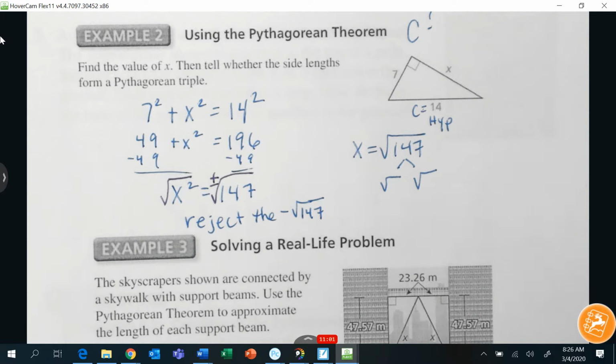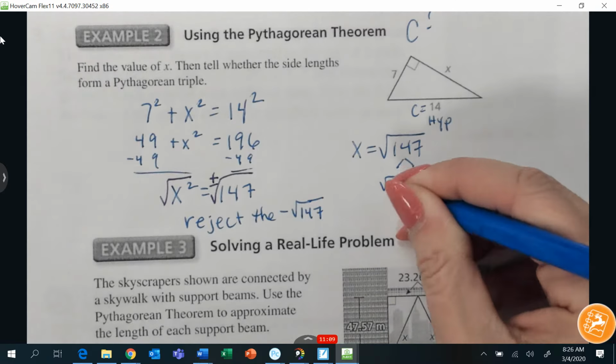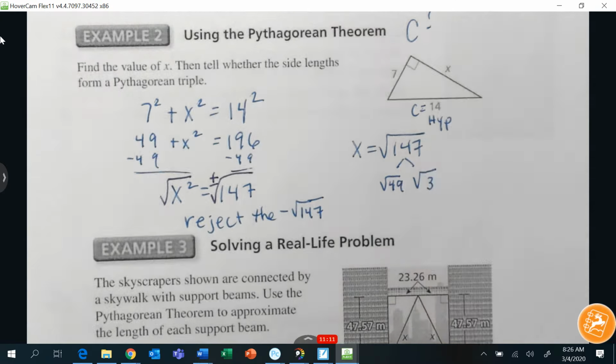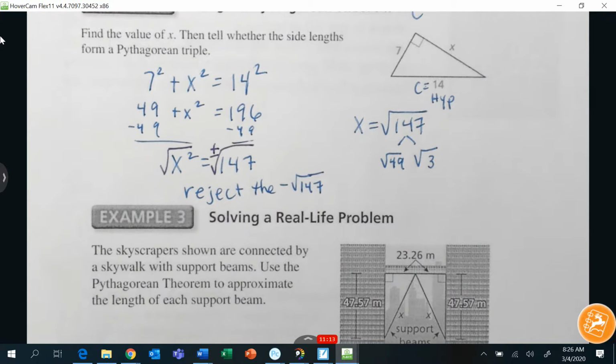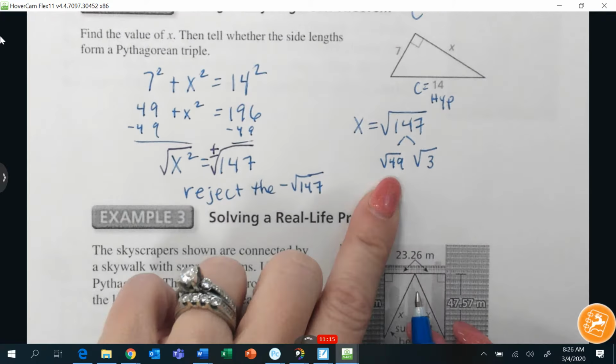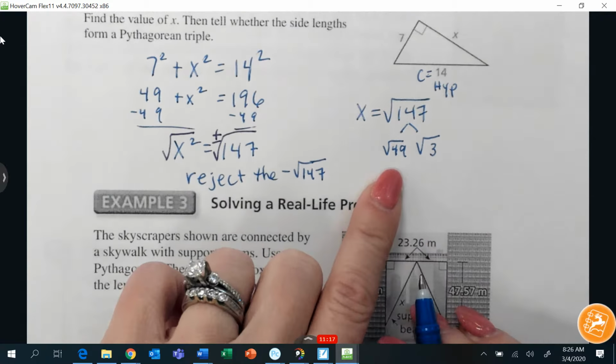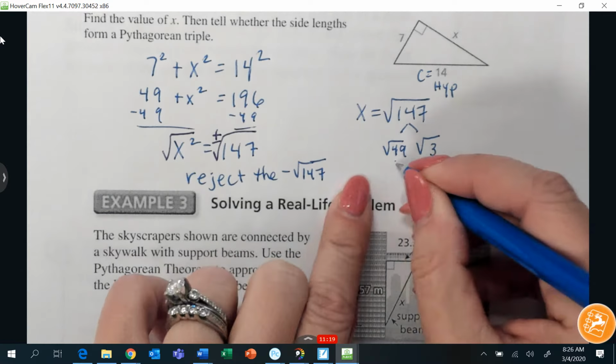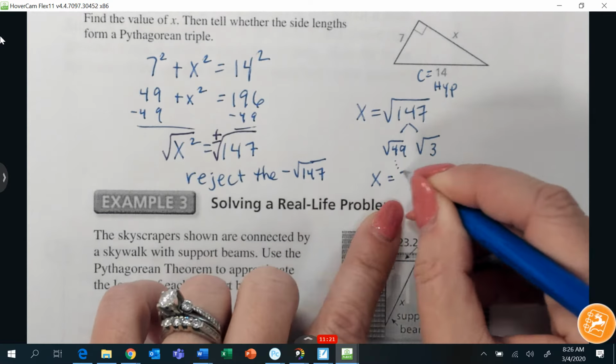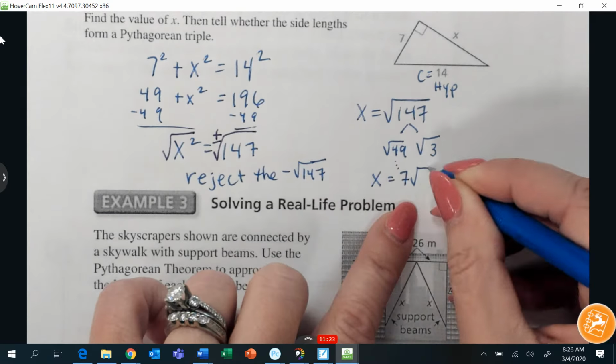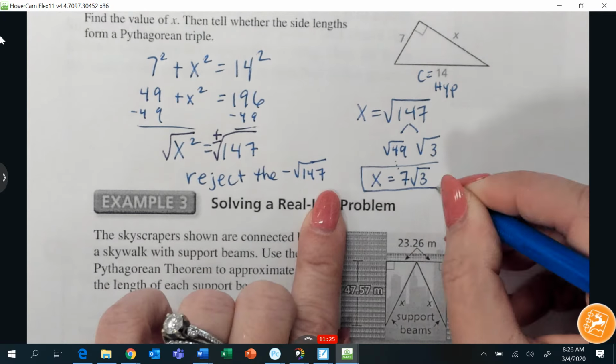But if you think about the numbers, there is a perfect square in there. 49 times 3 is 147. 49 is a perfect square, so we need to simplify that perfect square. 7, and then square root of 3 doesn't simplify. So that's our x value.